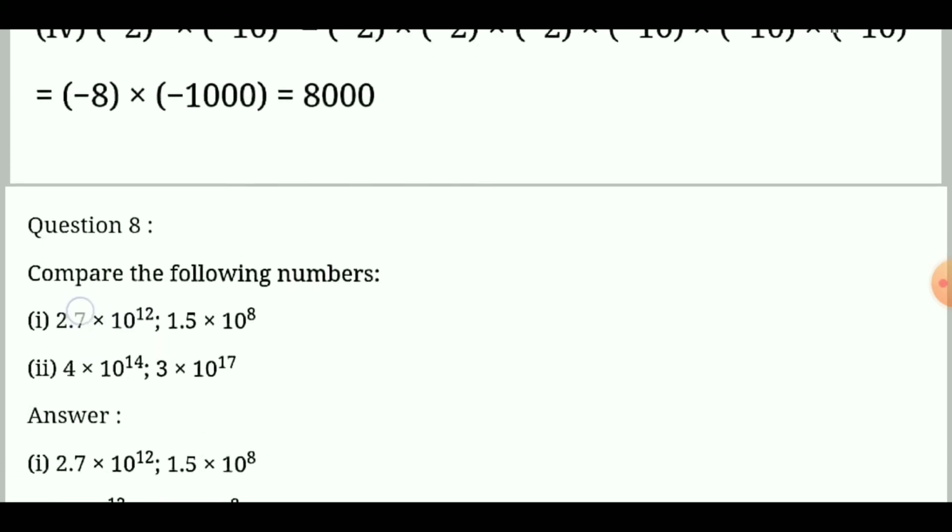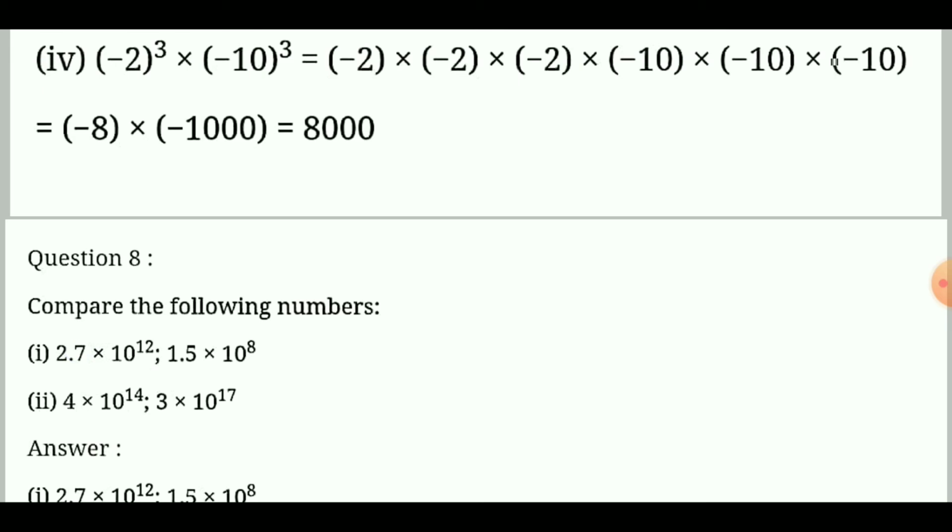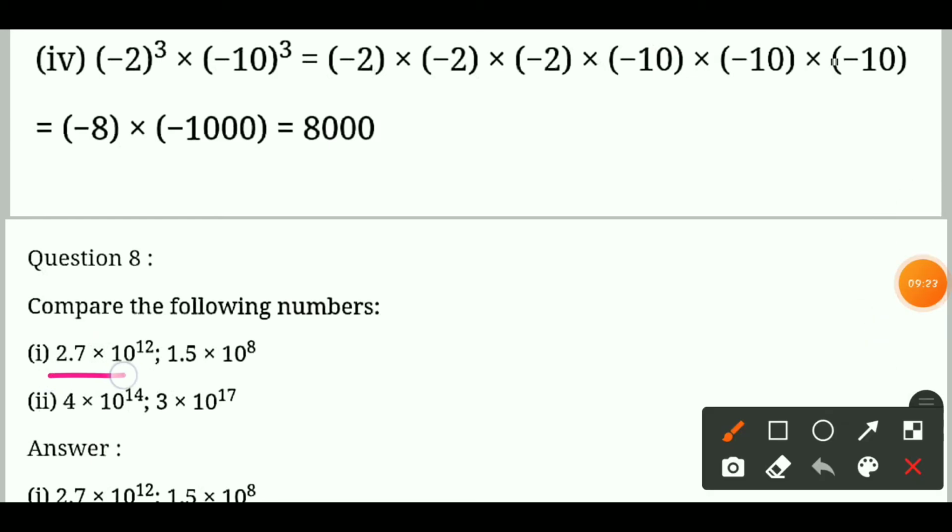Now watch question number 8. Compare the following numbers. These numbers are in standard form. I told you about the standard form. In standard form we have only one whole number, at the whole number place there is only one digit. So how do you need to compare?